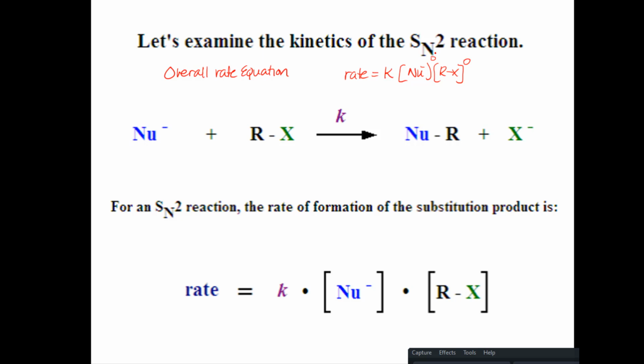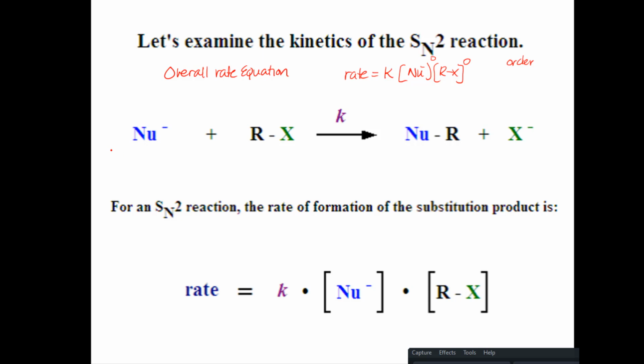And how do we determine what power that is, or better yet, the exact term is what order the reaction is in each one of those 2 reactants. So what we do is we measure the rate of the reaction, and then we change the concentrations of the reactants and see what the dependence is on the rate.